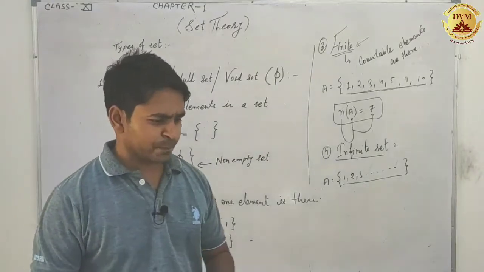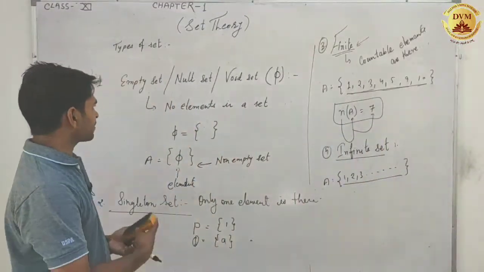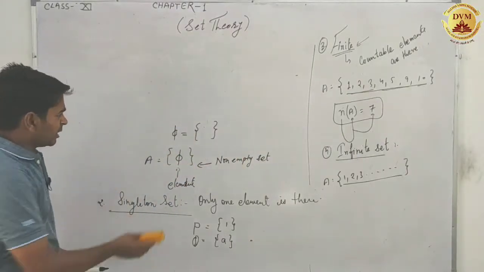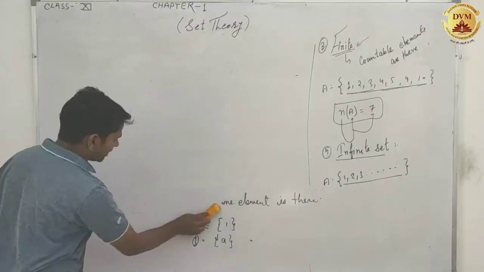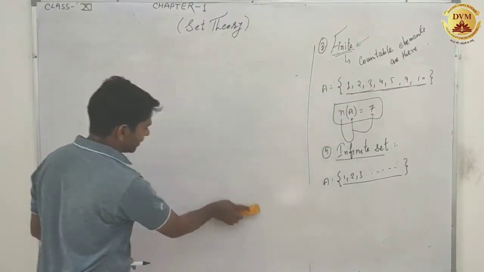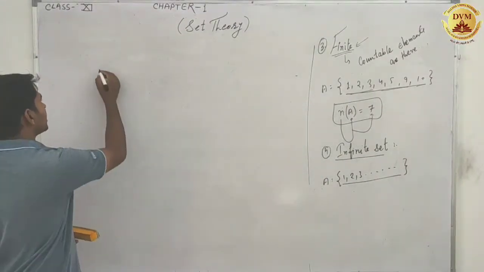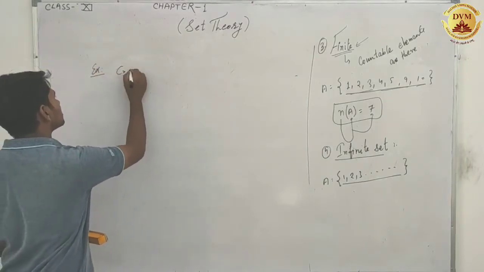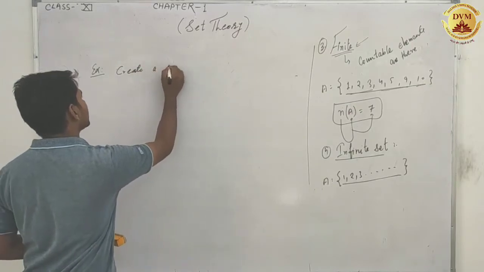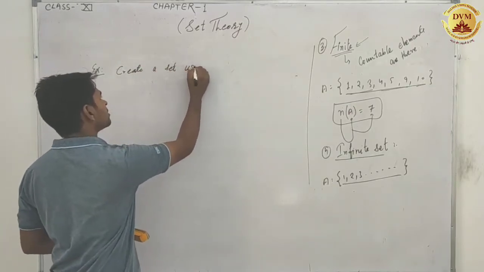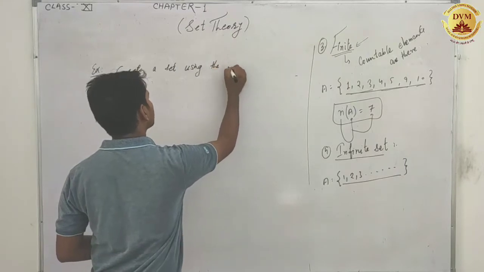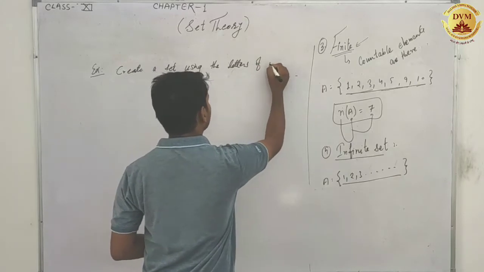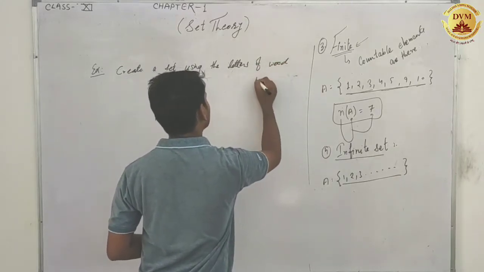One more thing about sets. If we are creating a set using some elements, for example, I am taking an example: create a set using the letters of the word apple.